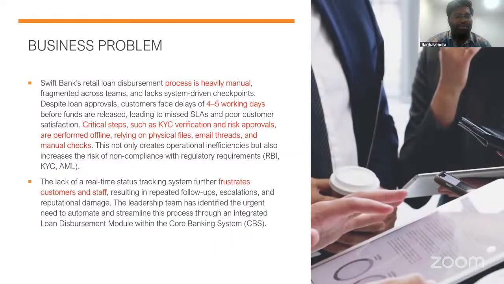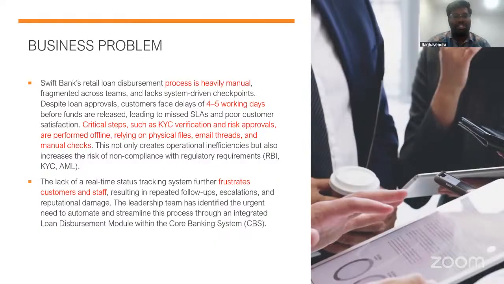We have identified certain problems with the business. Critical steps like KYC verification, risk approvals, and other approvals relevant to the loan application are entirely manual. It takes a lot of physical files to go through each process and a lot of emails. Let's say one of the employees changes the subject line of the email.